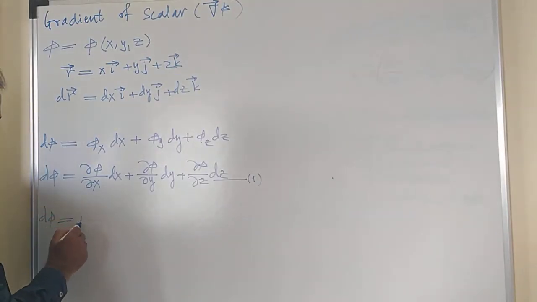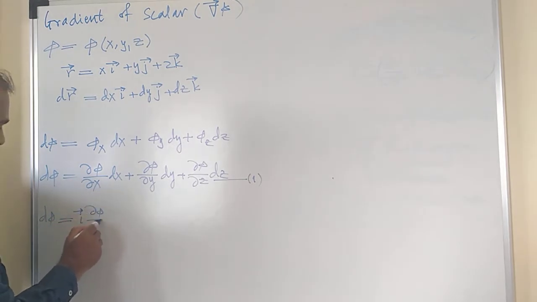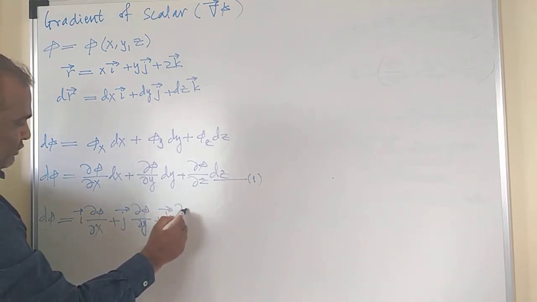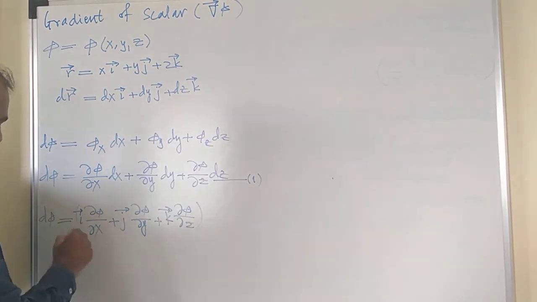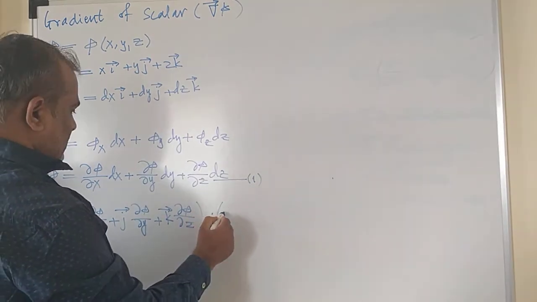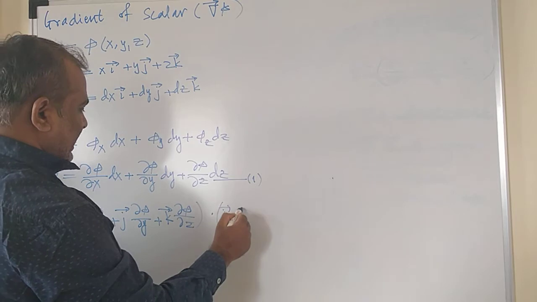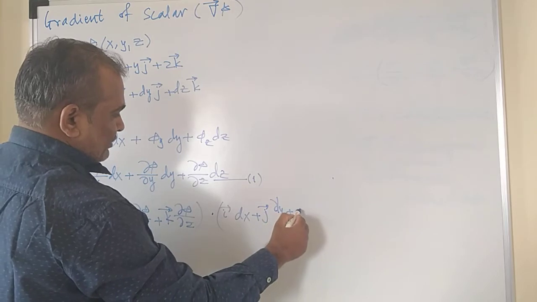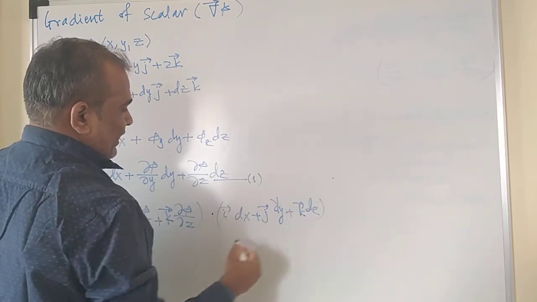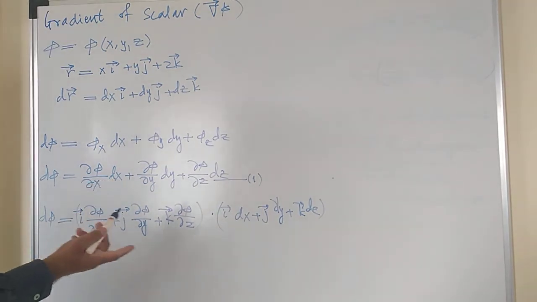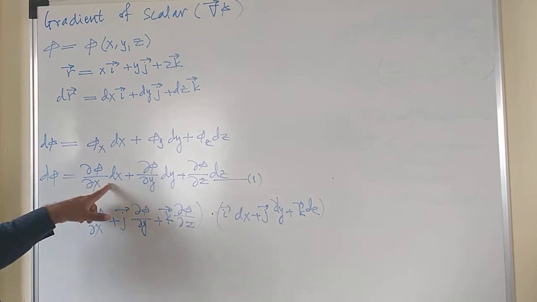I would like to write this as i bar into dou phi by dou x plus j bar into dou phi by dou y plus k bar into dou phi by dou z, dot product with i bar into dx plus j bar into dy plus k bar into dz, right? If you take the dot product, you should get this term again. So you just recheck whether you are getting this term or not.